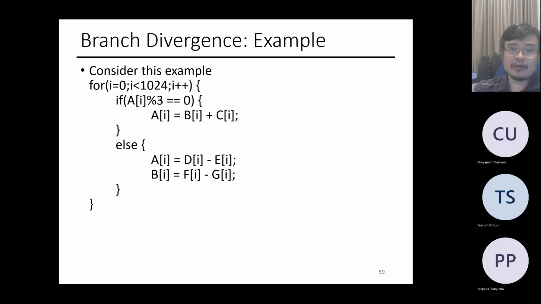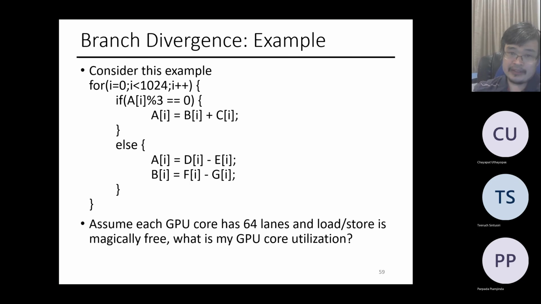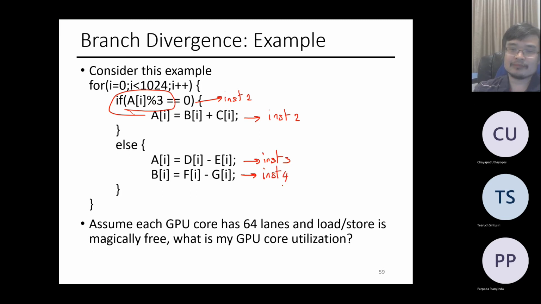So consider this example, right? Let's say the core has 64 lanes, right? And every time A of i modulo 3 equals 0, you run this instruction. So this is instruction 1, right? This is instruction 2. This is instruction 3. This is instruction 4. A quick question before we take a break is, what would be the GPU core utilization that I get from here because of my branch divergence?